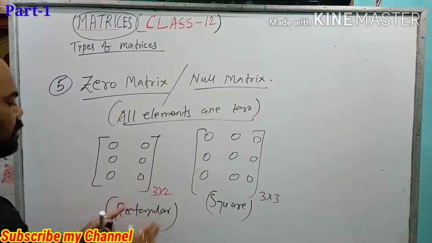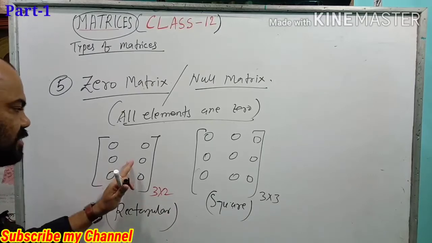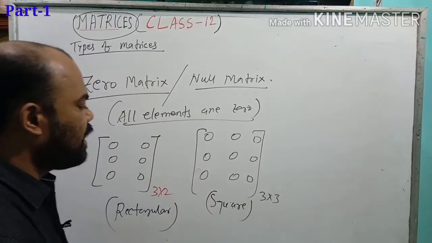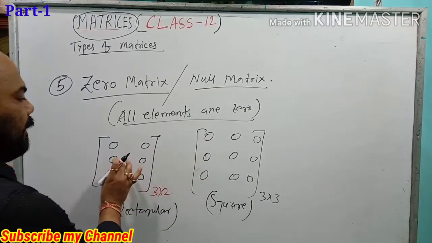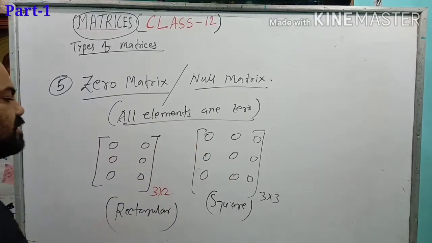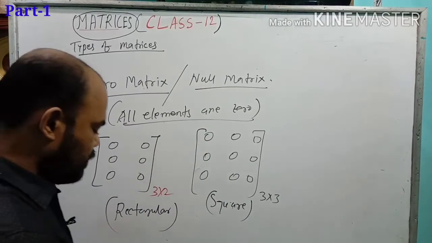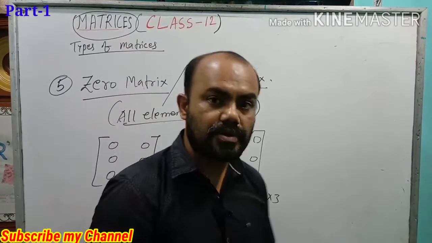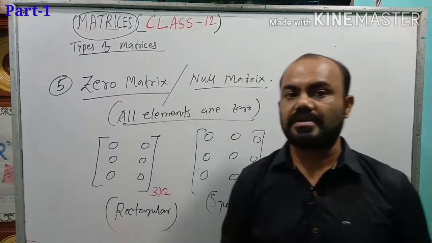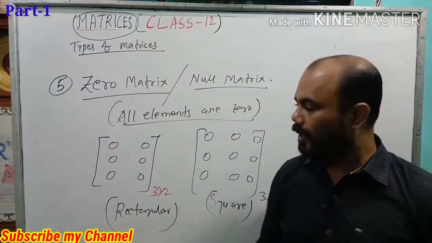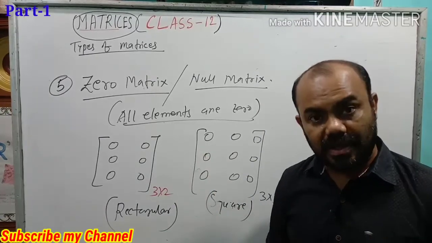As here the number of rows and columns are unequal, it is a rectangular matrix, but this is a square matrix. So what is the difference between these two zero matrices? Only because of the order, these two zero matrices are not the same. Clear? Both are zero matrices, but they are not the same.